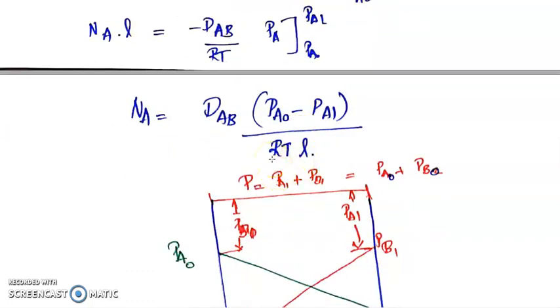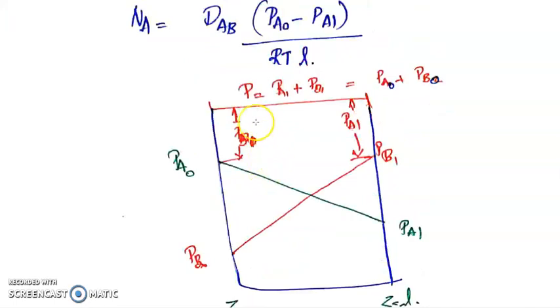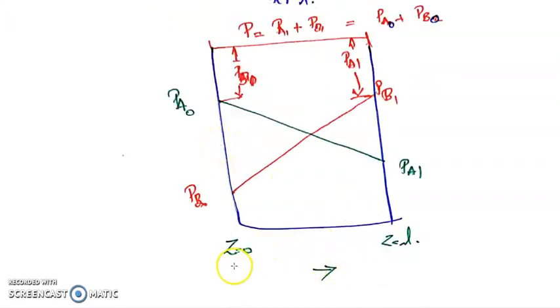So here let's try to see the total pressure comparison. The diffusion is from z equal to 0 to z equal to L. At z equal to 0, the partial pressure of A is PA0 and the partial pressure of B is PB0. At z equal to L, the partial pressure of A is PAL and the partial pressure of B is PBL. You can see there is a clear concentration difference. The partial pressure of B is high here, and the partial pressure of A is high here. So A will diffuse in this direction, and B will diffuse in the opposite direction.